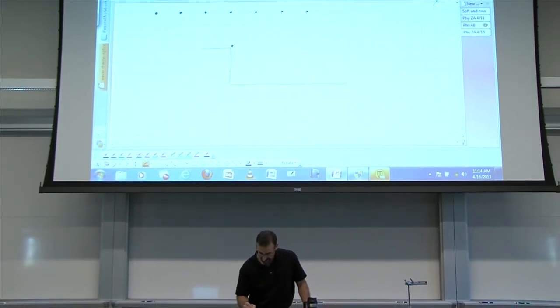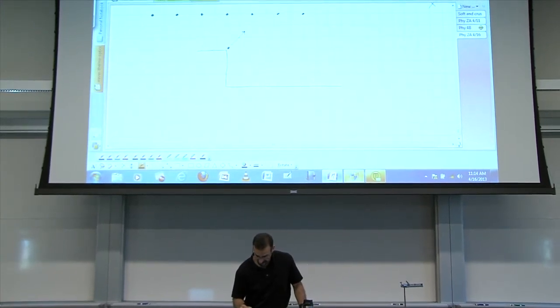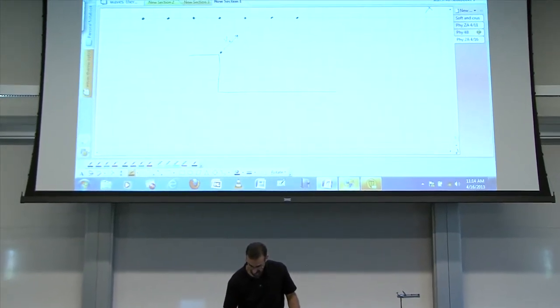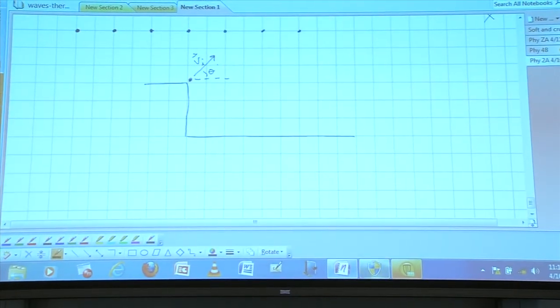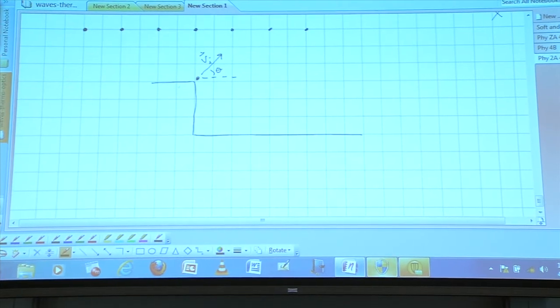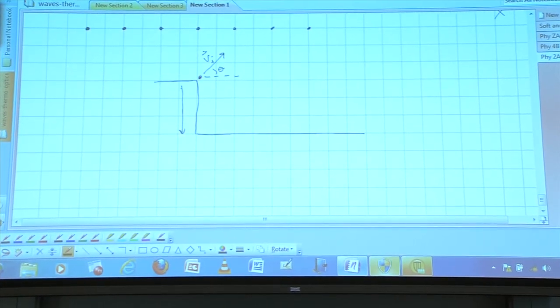There's our object, and we'll give it some initial velocity, and we want to know where is it going to land, right? It's going to have a path that looks something like this. And we want to know where does it land, right? What's this distance?